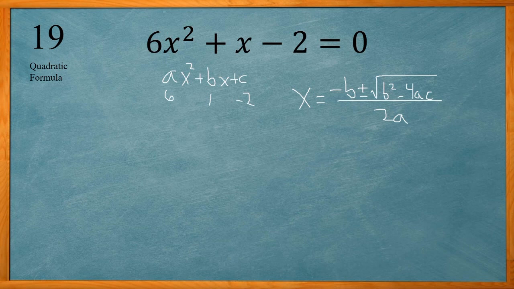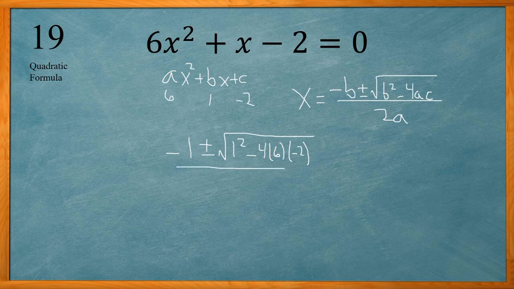All right, so if we use our quadratic formula, negative b, or -1, plus or minus the square root of b squared, so 1 squared, minus 4 times 6, the a term, times the c term, -2, all divided by 2 times a, 2 times 6.